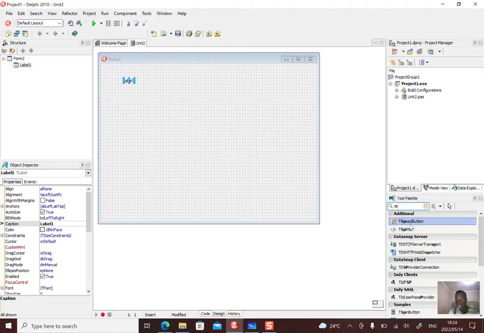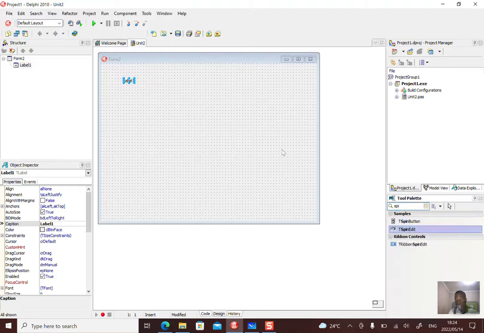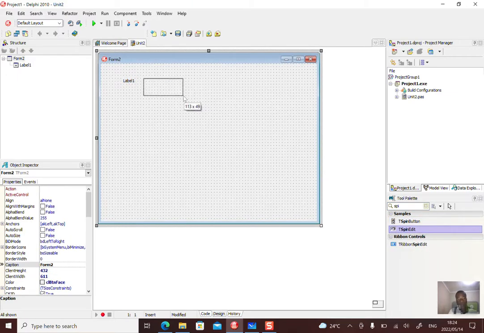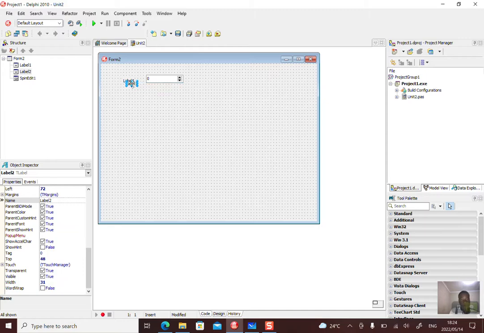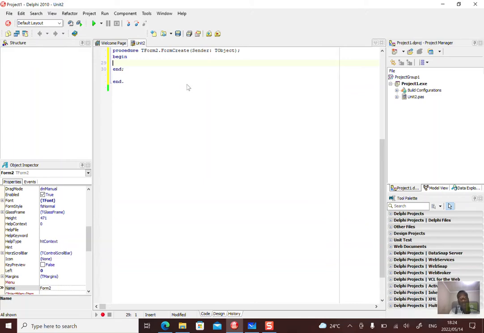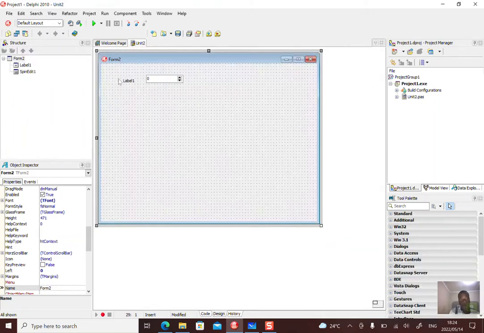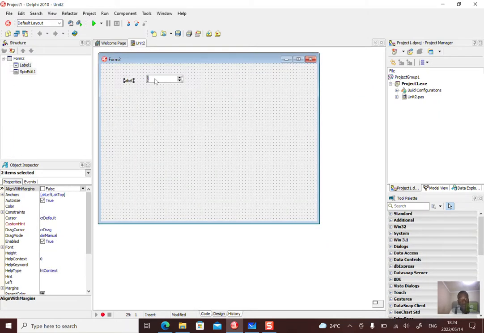I'm using the spin edit because it's simpler, because we know that it's where we input numbers right here. Also the reason why we're very cautious with the interface is because the interface is what the user sees only.